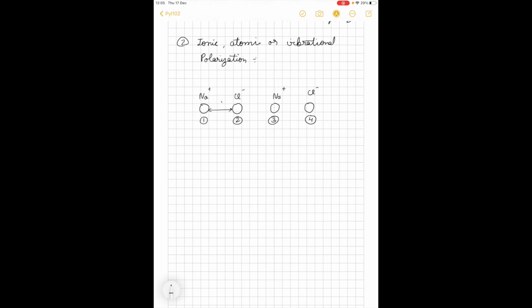The lattice constant is the average value, because of course all the anions and cations are oscillating around their equilibrium position, and that's why I'm saying the average separation between the anion and cation is a. This thing goes on, and the vibration of ions or atoms, we know, are called phonons.